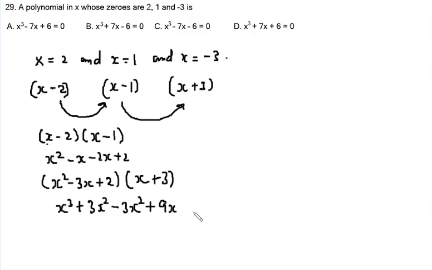For the last part, 2 times x is plus 2x, and 2 times 3 is plus 6. So this is x cubed, the 3x squared terms cancel out, then negative 9x plus 2x is minus 7x, and then plus 6. The result that correlates to that is answer A.